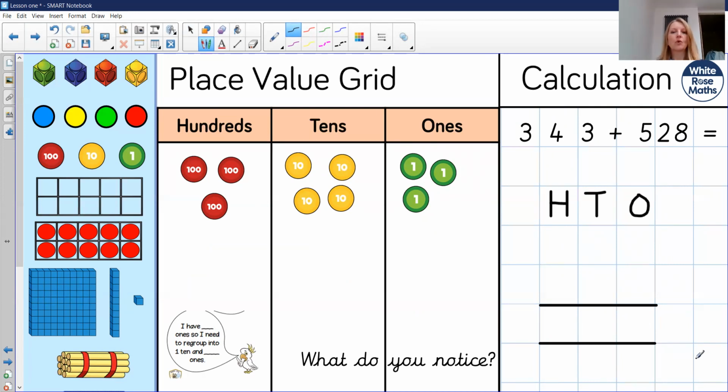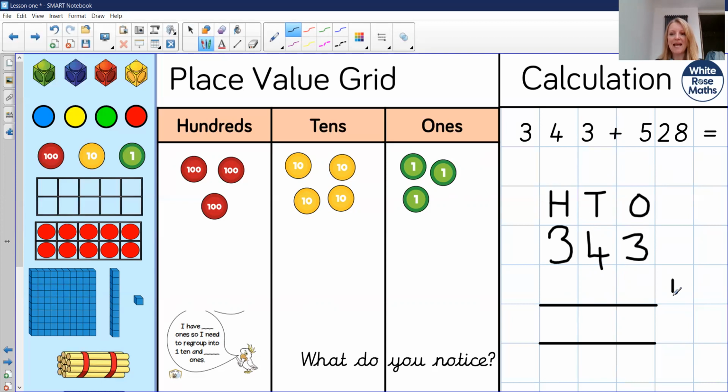Okay, perhaps pause the recording one moment while you have a go. Okay, let's see if yours matches mine. So 343. So I need 300, 4 tens, and 3 ones. Did you get those in the right places?